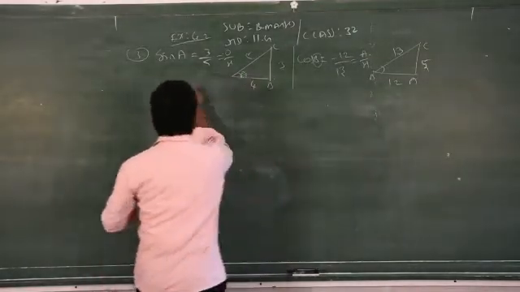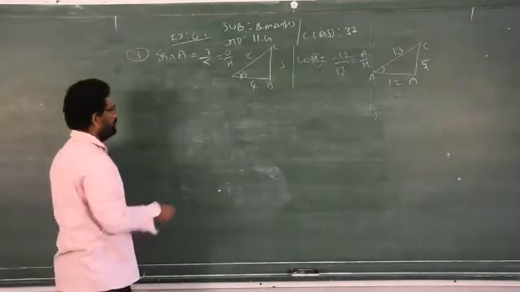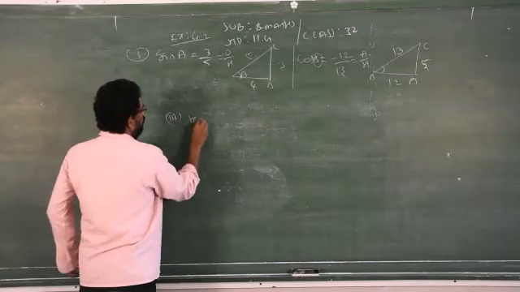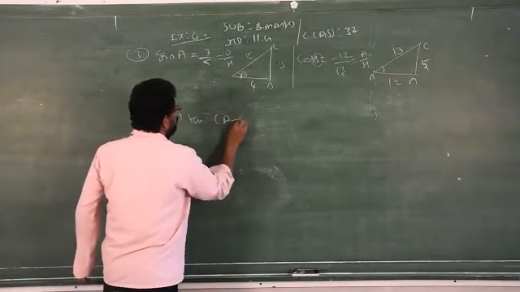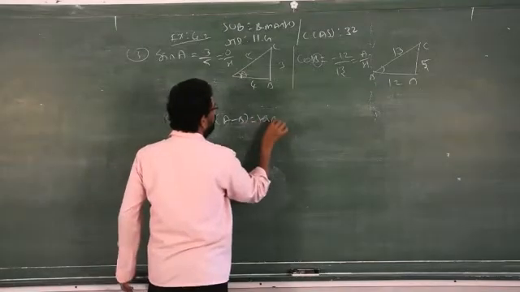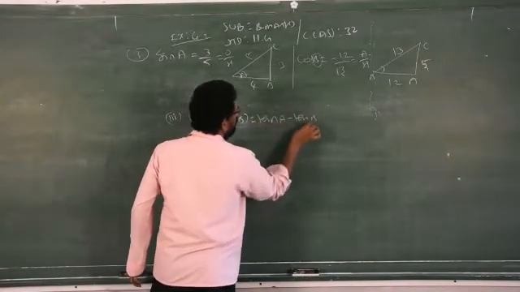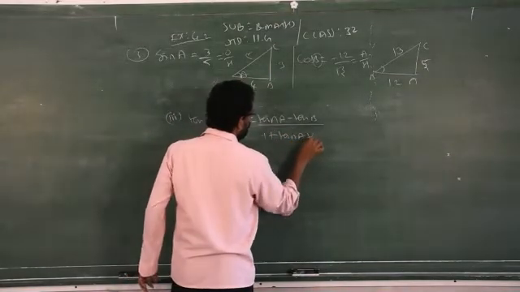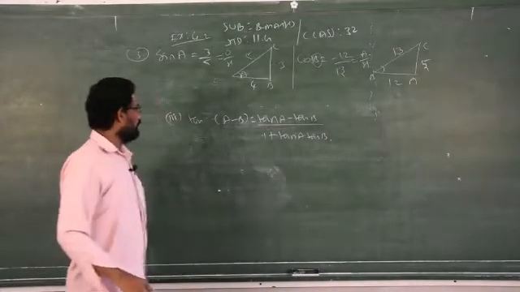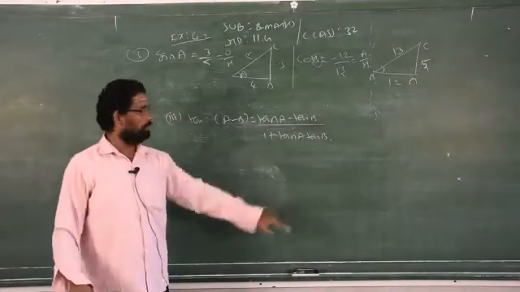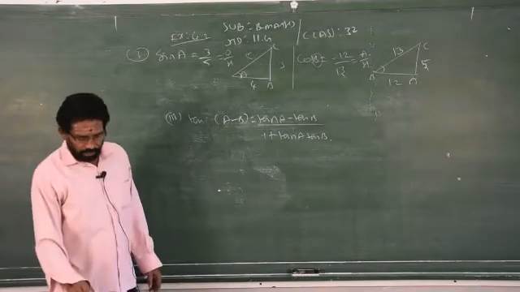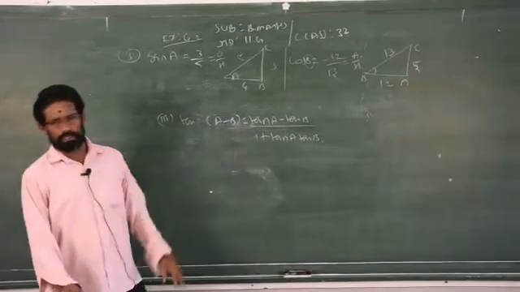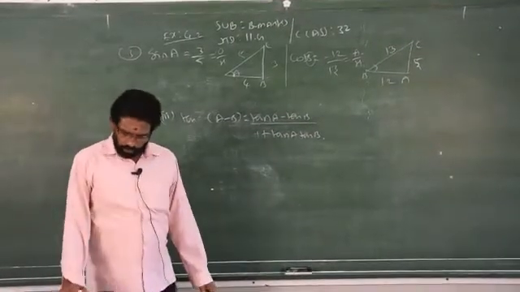In the same sum, we have the third subdivision, tan A minus B. The formula is tan A minus tan B over 1 plus tan A tan B. So this is the formula for tan A minus B. Refer to the formula on page number 131.